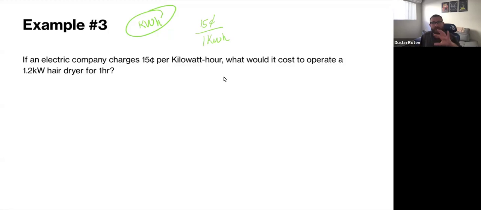Let's think about this. We have a rate at which we have to buy this power. Now, what is the power requirement of this hair dryer? We know that is 1.2 kilowatts, and we want to run it for 1 hour.